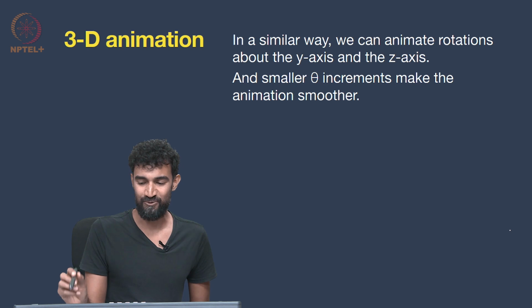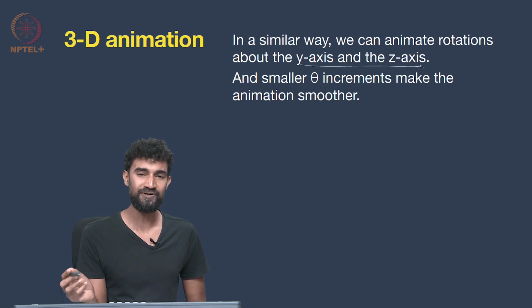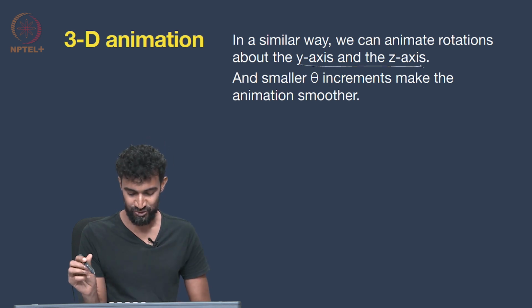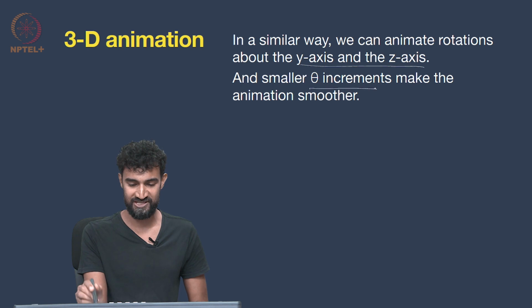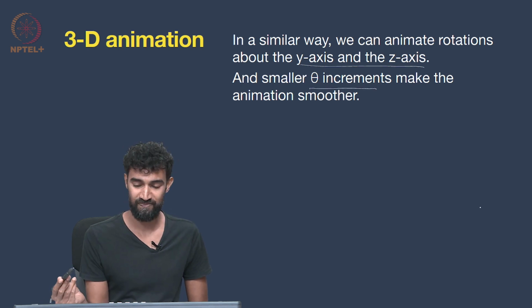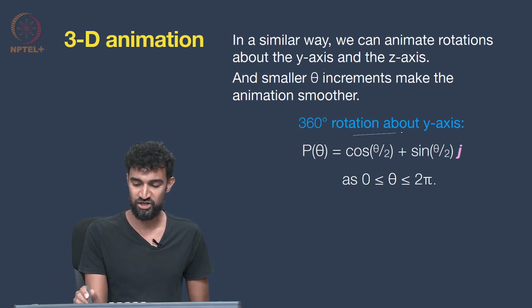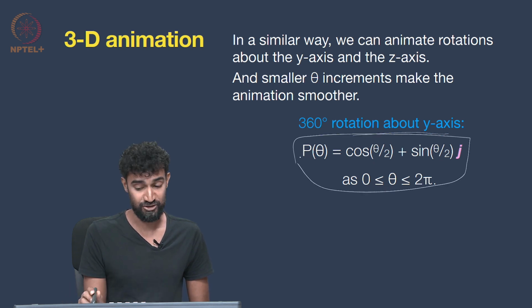So in a similar way, we can animate rotations about the y-axis and the z-axis. And of course, I just used large theta steps so I can go through the slides quickly, but you can use smaller theta increments and create a much smoother animation. So a 360-degree rotation about the y-axis is given by this parameterization.